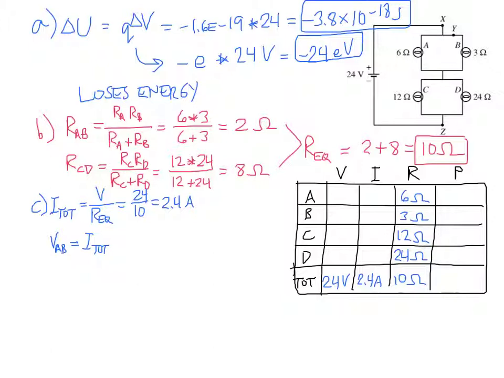Since the current comes out of the battery, and that current gets split through A and B and then rejoins here.